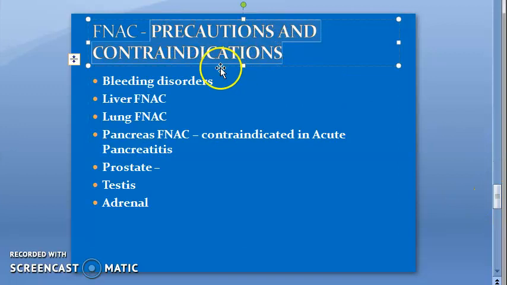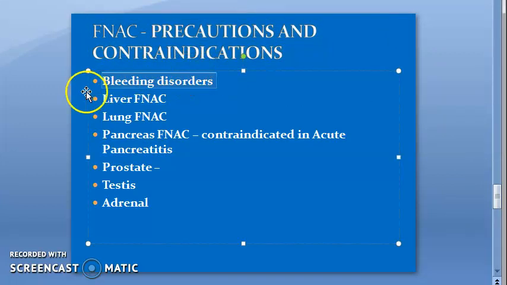Then precautions and contraindications. If a person has a bleeding disorder, you should be very careful. In liver FNAC, you should know the prothrombin time. FNAC is not at all advisable if the prothrombin index is less than 80%. Obstructive jaundice is also a contraindication for FNAC.